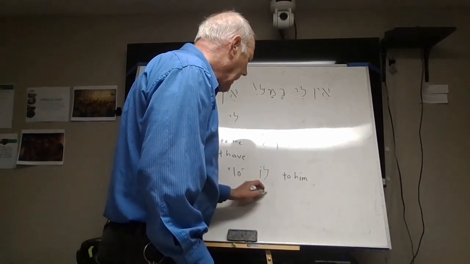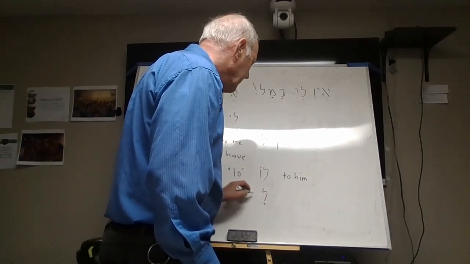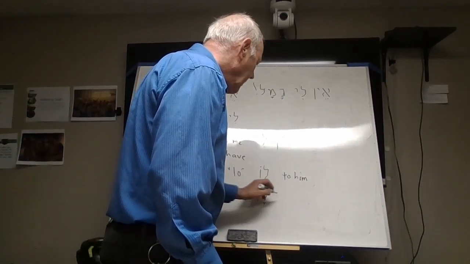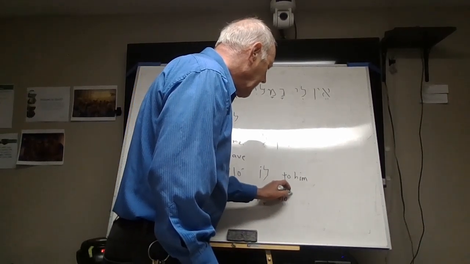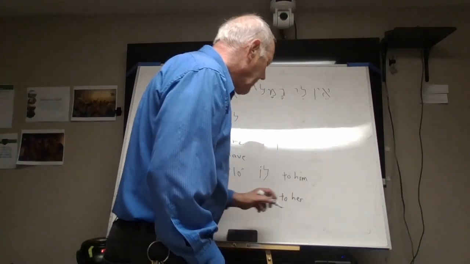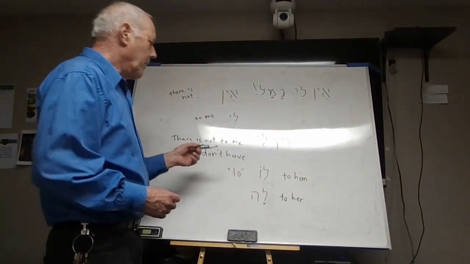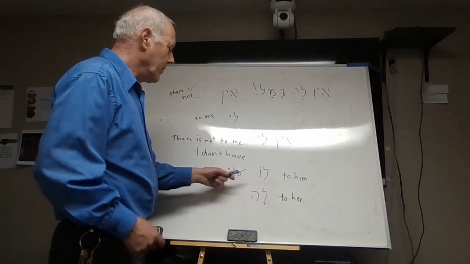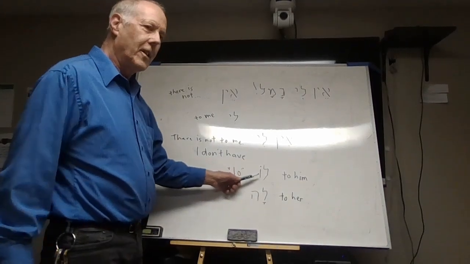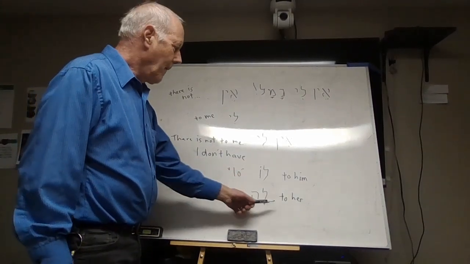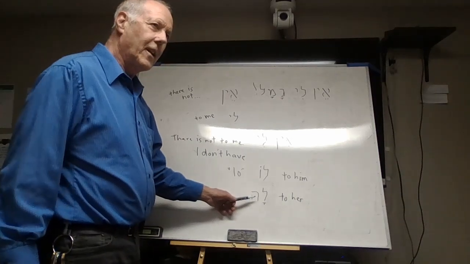If we say la, it means "to her." So we can put ain in front of these. Ain lo means he doesn't have. Ain la means she doesn't have.